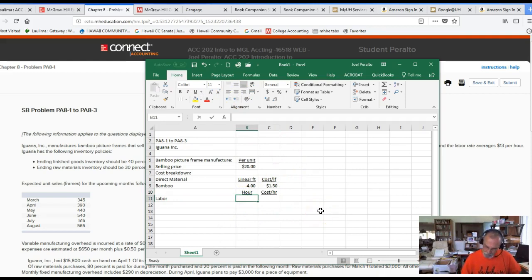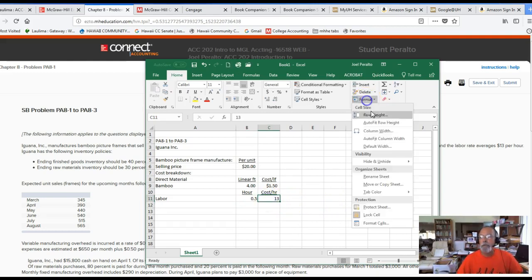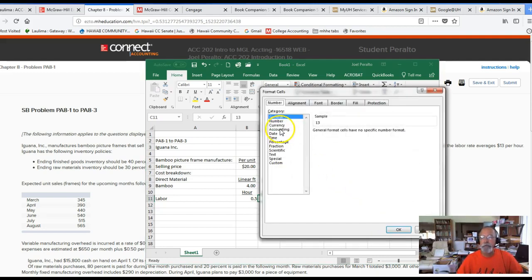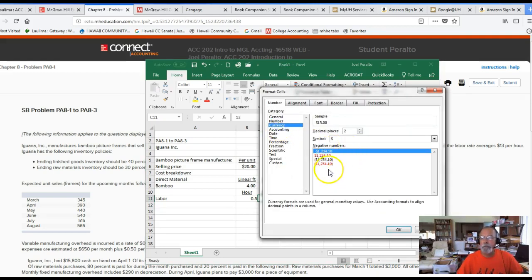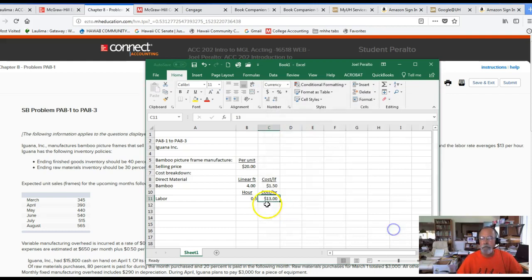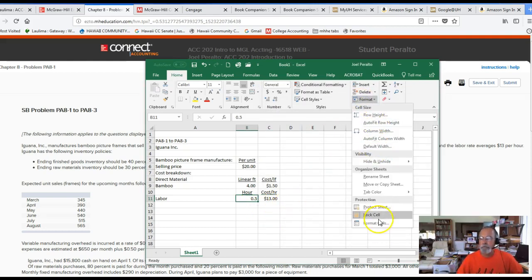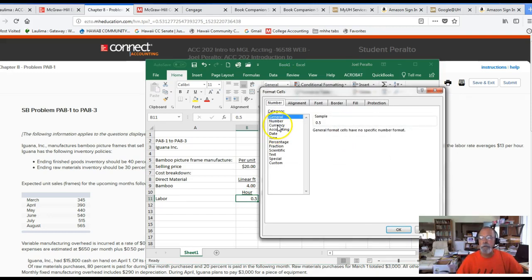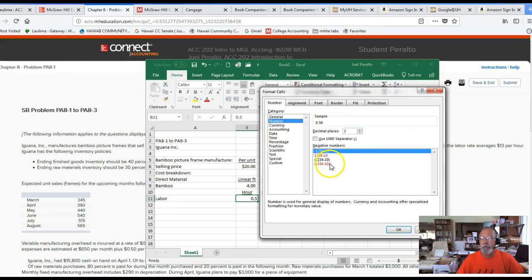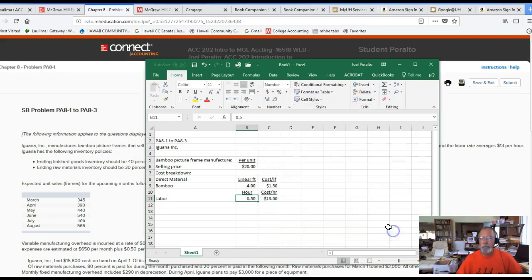So 30 minutes would be 0.5 hours. Cost per hour is 13. Let's format $13 an hour. Format this as a number, 0.5 hours, so 30 minutes.